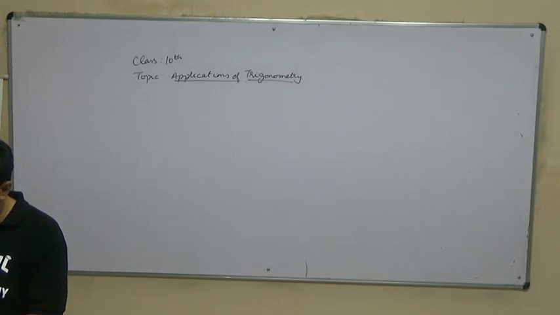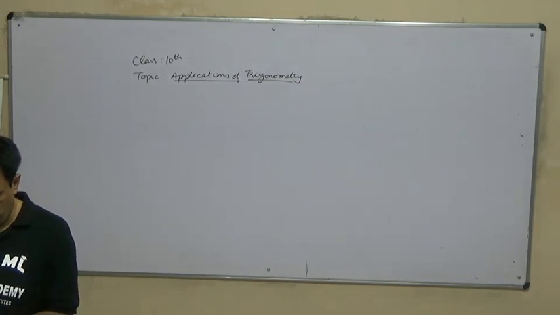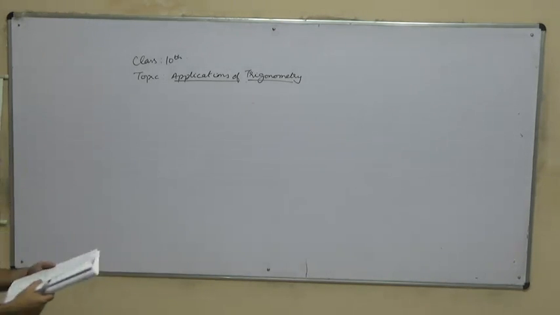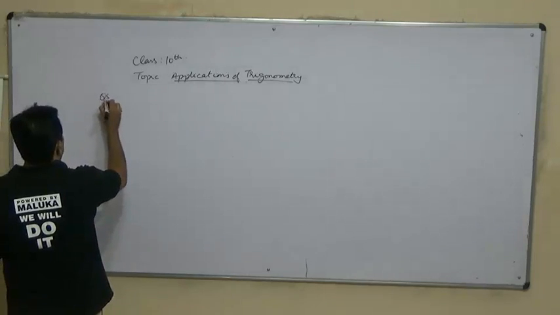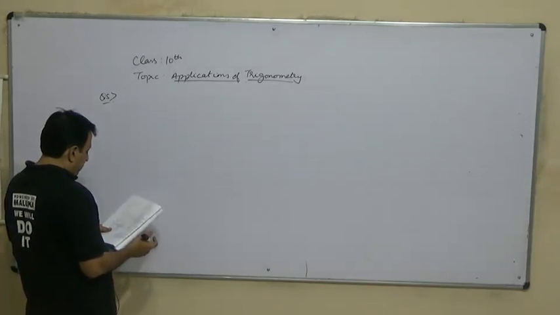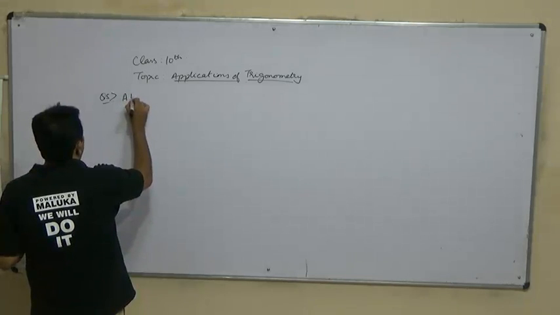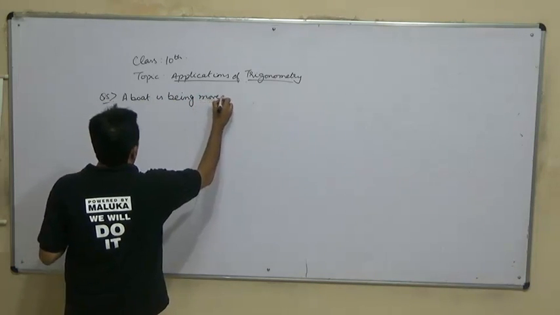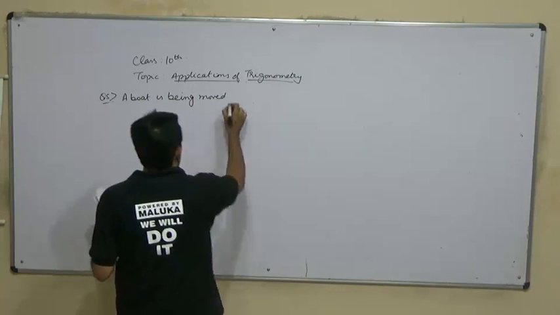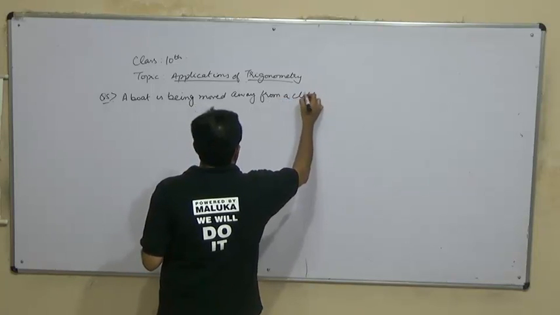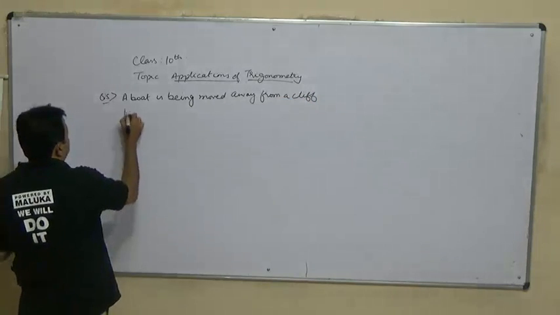Then the fifth question is: a boat is being moved away from a cliff 150 meters high.